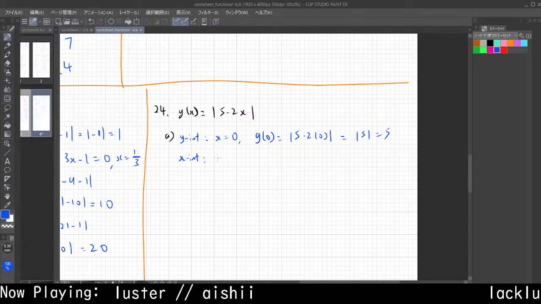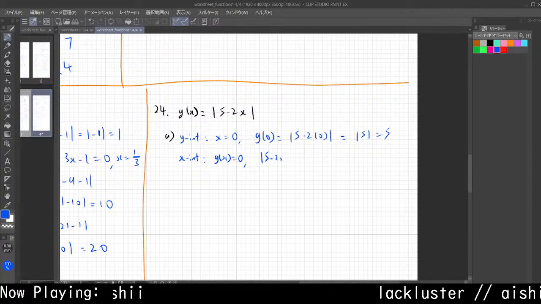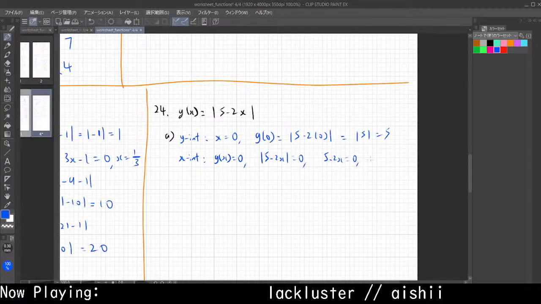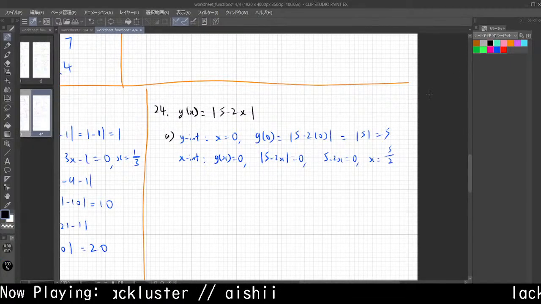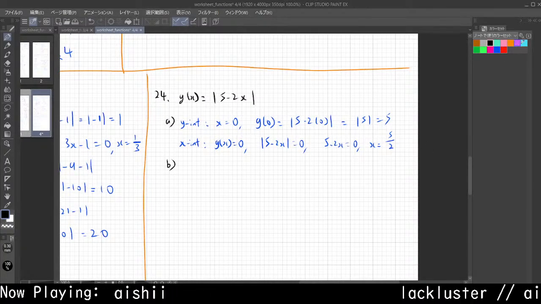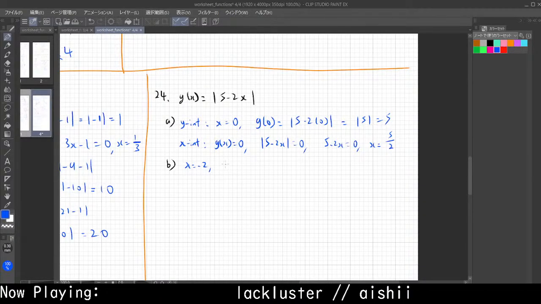This is the match on top. Equals to 2, negative 2.